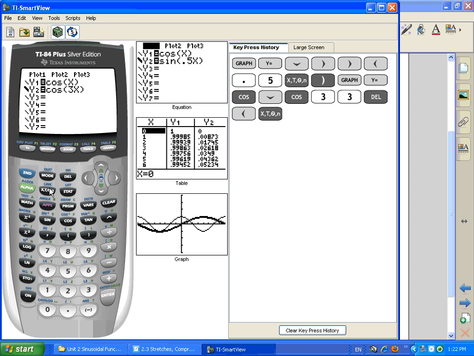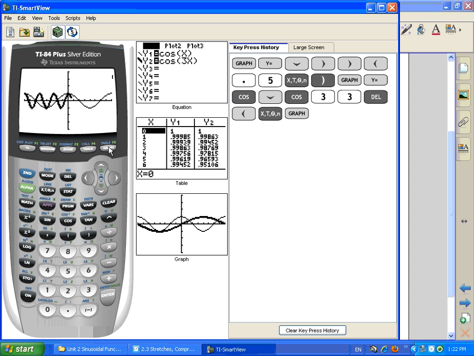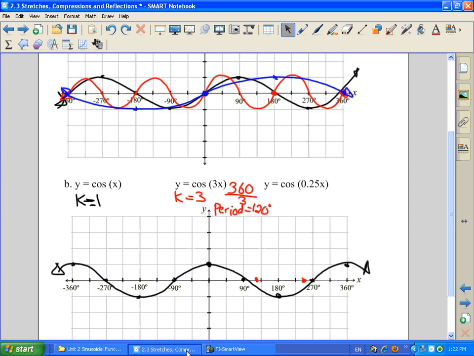Okay, everybody got that? Okay, let's graph it, see what it looks like. So notice that in the time to get 360 degrees, we have 3 cosine curves.